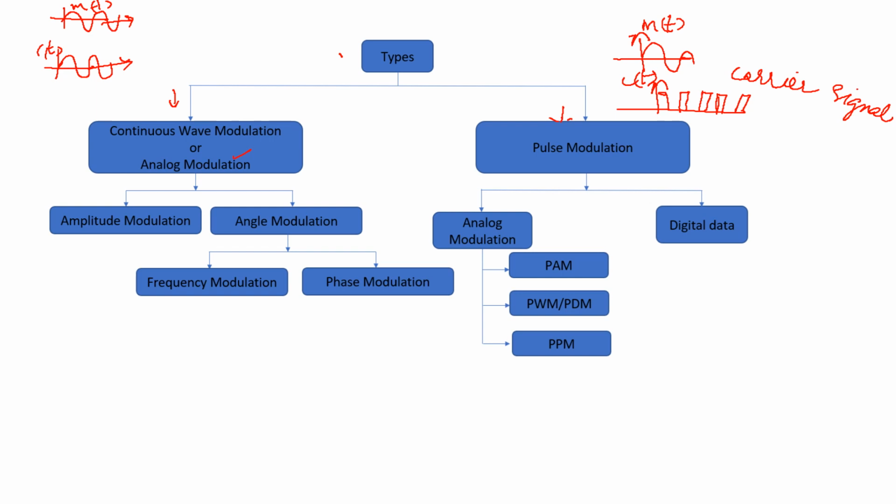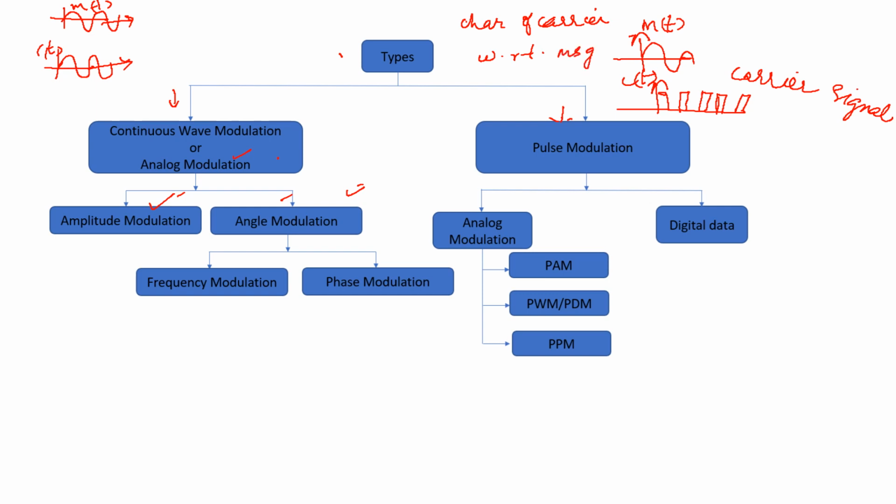Continuous wave modulation or analog modulation can again be divided into two types: amplitude modulation and angle modulation. In general, what is meant by modulation? If any characteristic of the carrier signal is varied with respect to the message signal, it is called modulation.